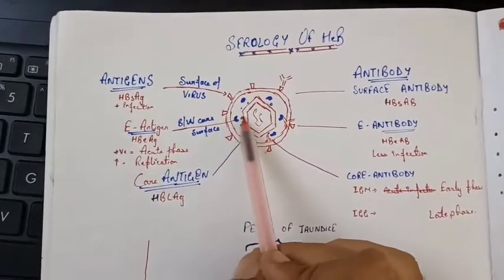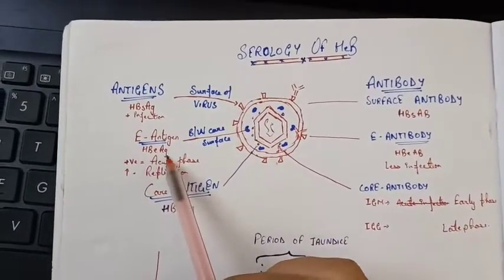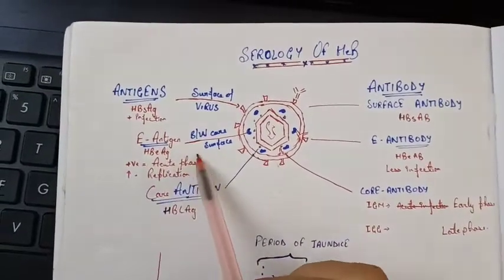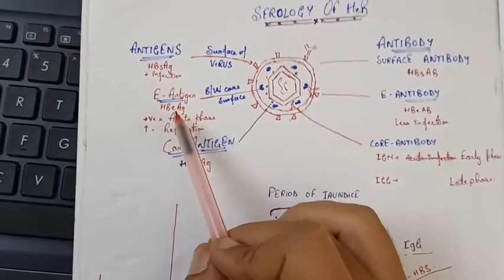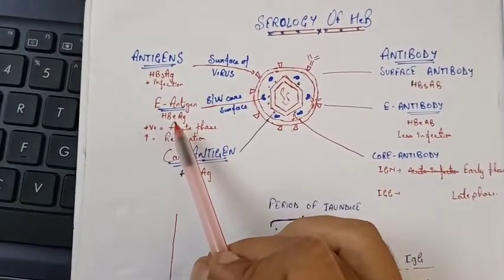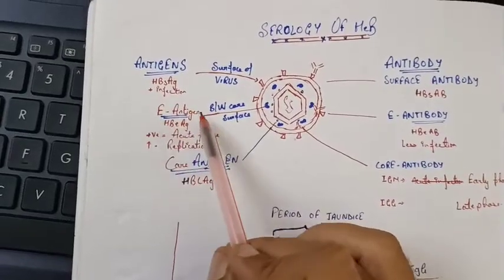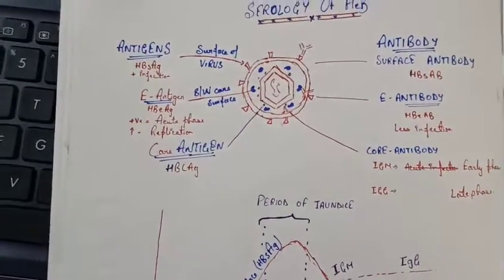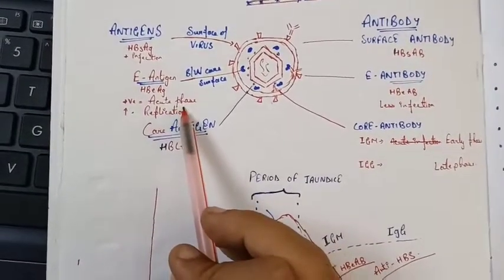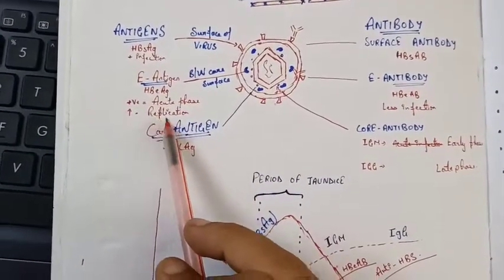Okay, it is released into the blood during the time of acute infection. What does this indicate? If in blood there is E antigen, it is regarded that the person is going through the acute phase of infection and the virus is replicating very fast.